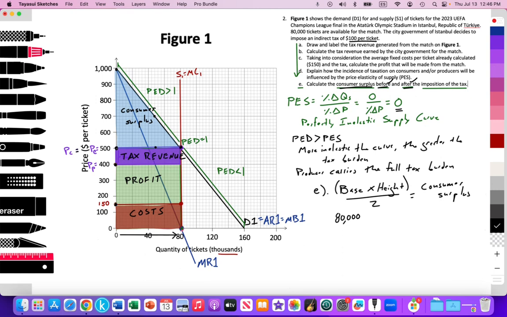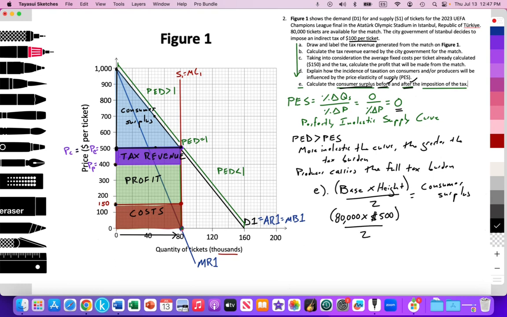All right, that is the base right here. Then we have our height, which is this value right here. The height is going to be equal to 1,000 minus 500. 1,000 minus 500 is that height. Perfect. So let's go ahead and calculate that and then divide that by 2.